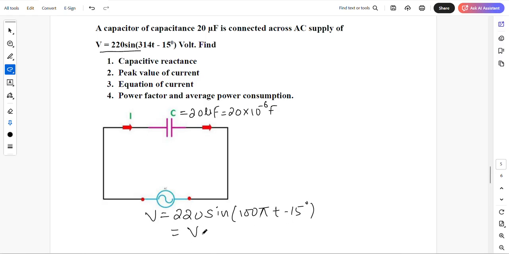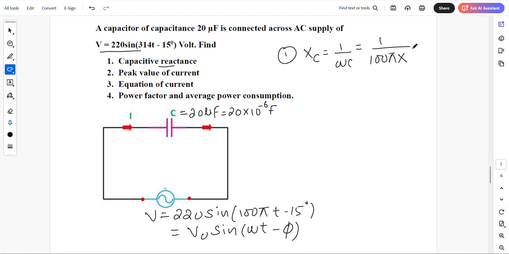This you compare with V naught sine of omega t, minus 15 degree. Now what you have to calculate? Capacitor reactance. First, Xc is equal to 1 by omega C. That is equal to 1 divided by how much is omega? Omega is 100 pi into 20 into 10 to the power of minus 6.